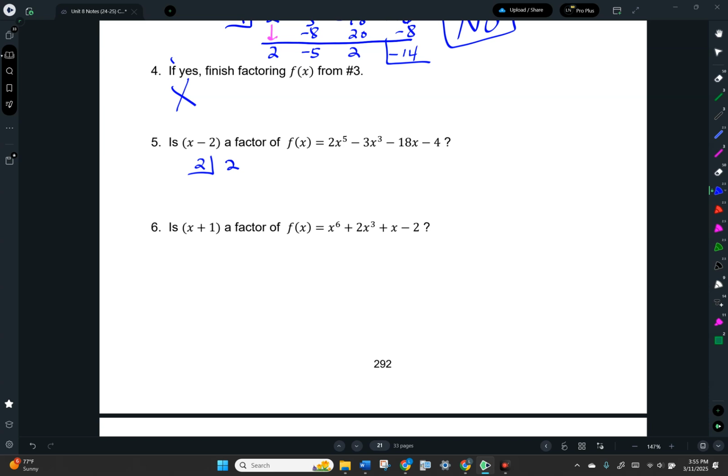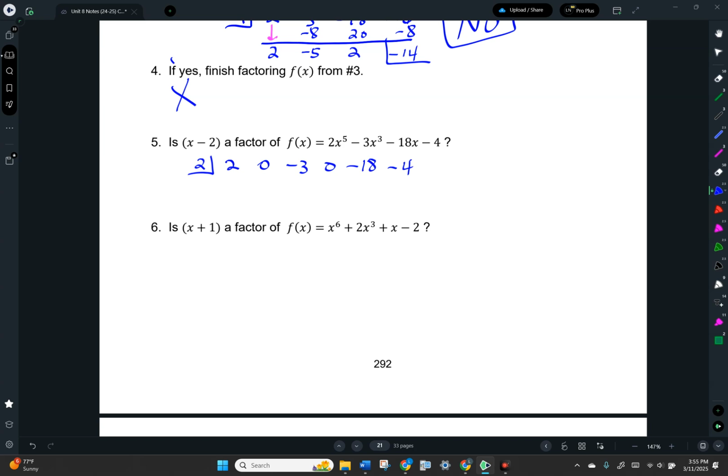Well, you have to account for that. So you're going to say 0x to the 4th. Then you would have negative 3x cubed. Notice there's no x squared, so I'm going to say 0x squared. Keep going. Then you have your negative 18 for the x and your negative 4. So any of the powers of x that are missing, you have to put a 0 in there. So that's something you got to be really careful of.